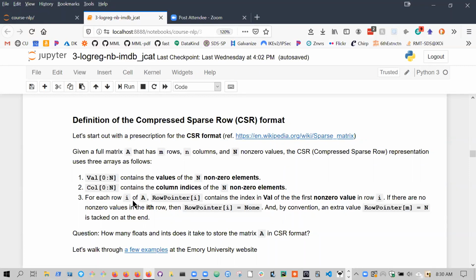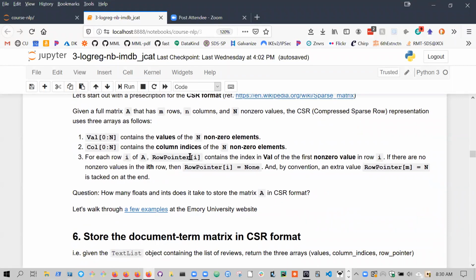That entry tells you the index in val of the first non-zero value in that row. I don't think we have any examples here. I think Rachel goes through some examples, but that's how you would put any matrix into compressed sparse row format. The interesting thing is what happens if there are no non-zero values in one of the rows.